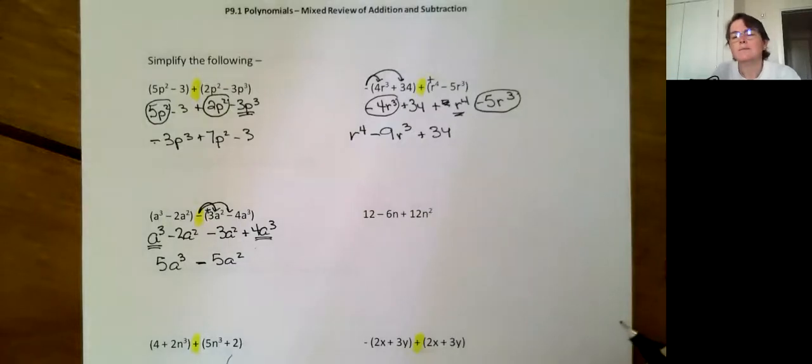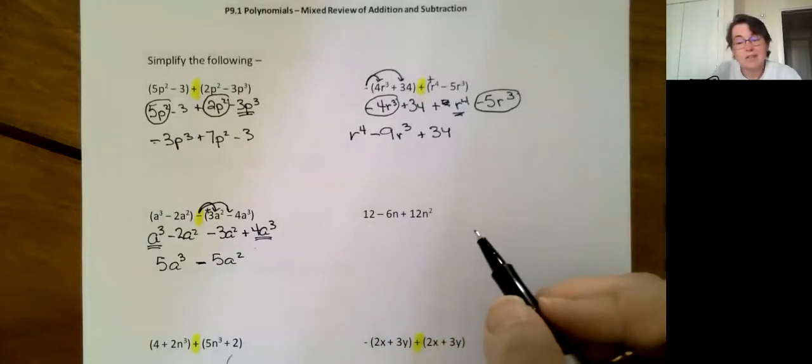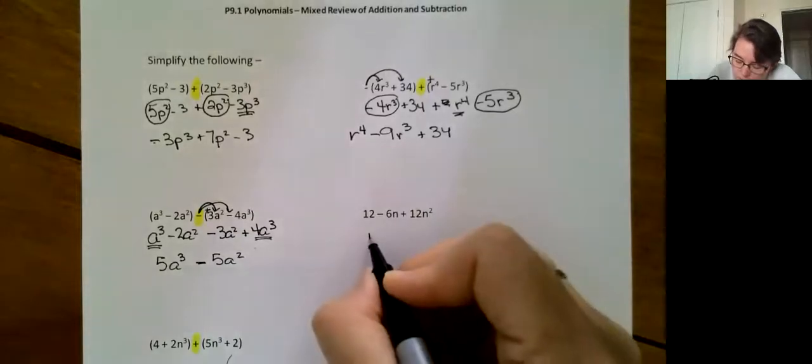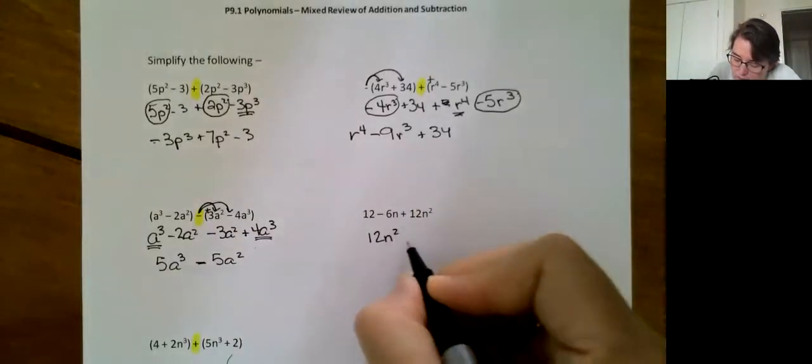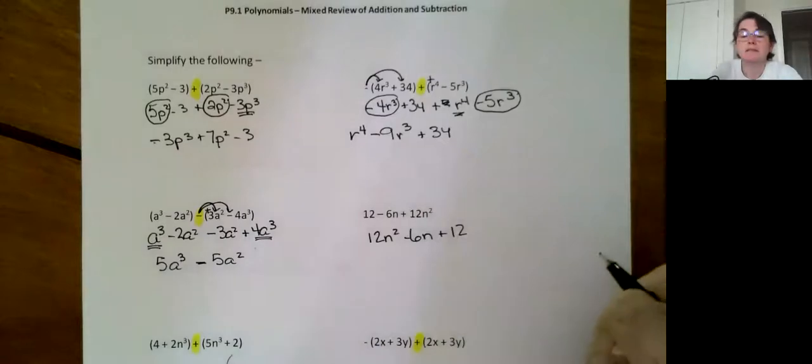Did I mention this was the video? One of the videos is like, okay, extra for experts. Let's just see what you do with this. There's no terms we can combine. What you don't want to do at this point is just leave it blank. Because to me, that says you didn't know what to do. The best choice would be to do that.